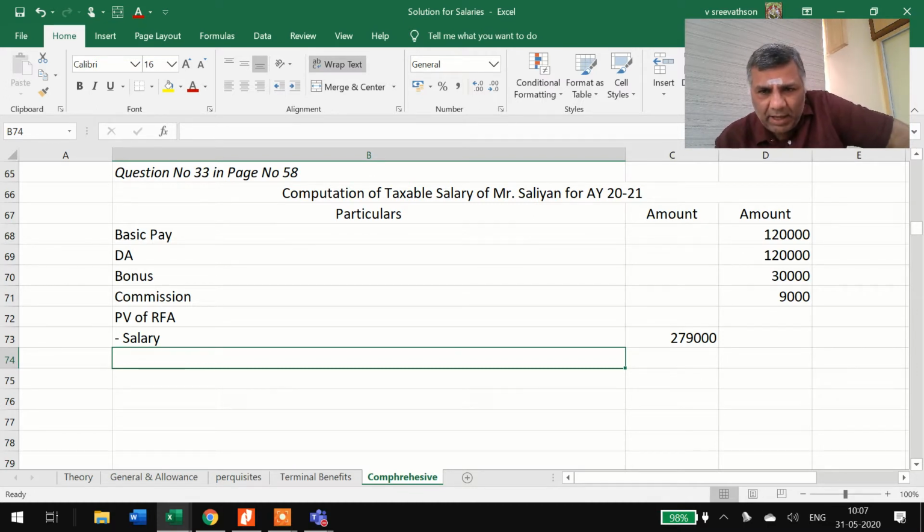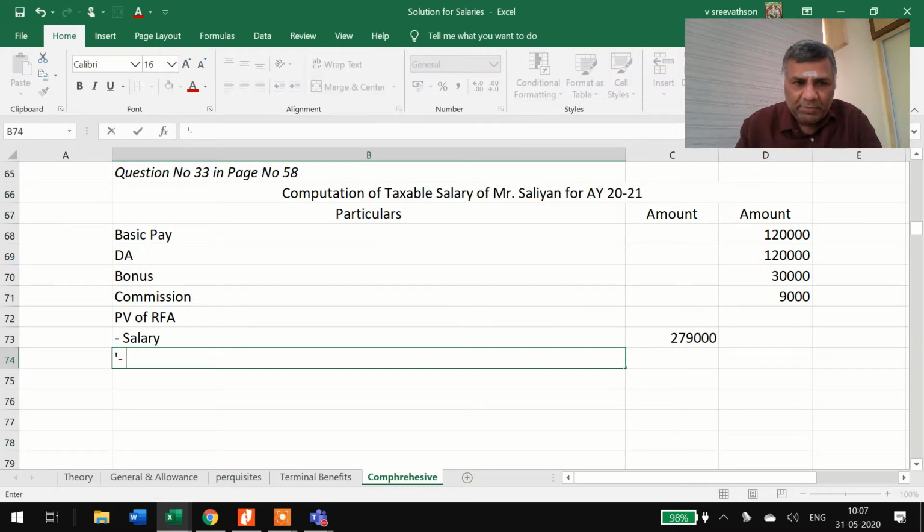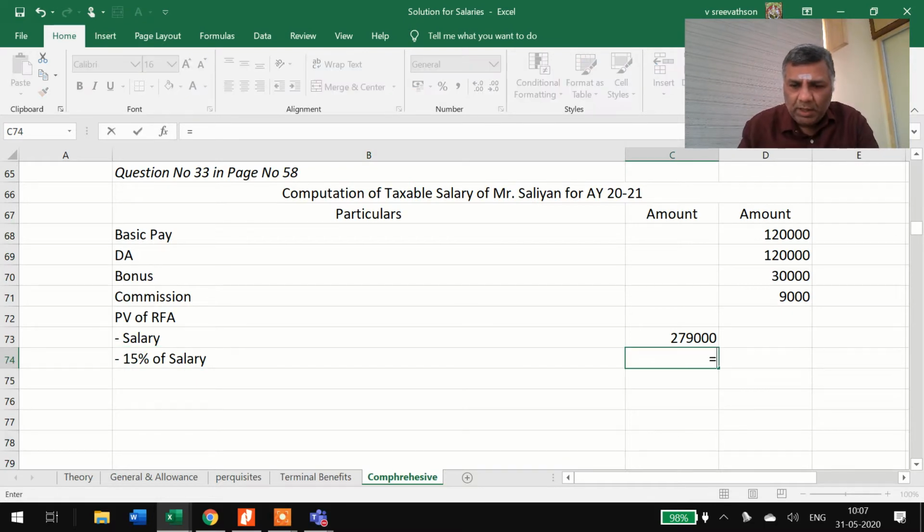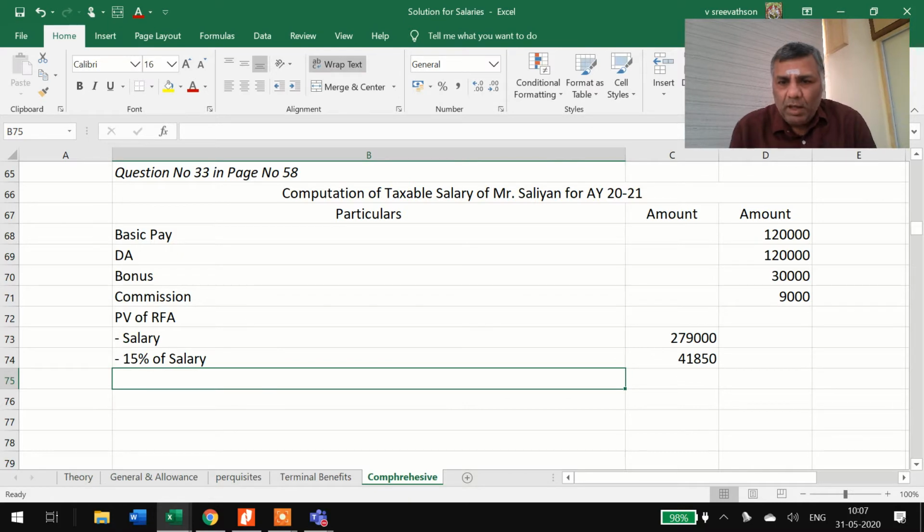Basic pay plus DA plus bonus plus commission takes you to salary. 15% of salary is 41,815.